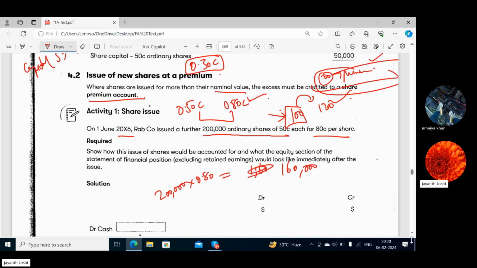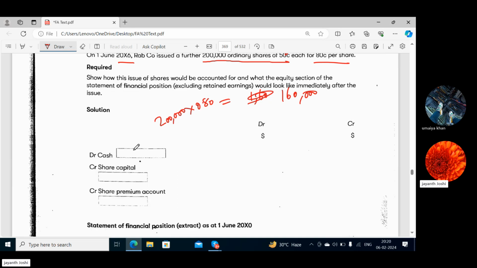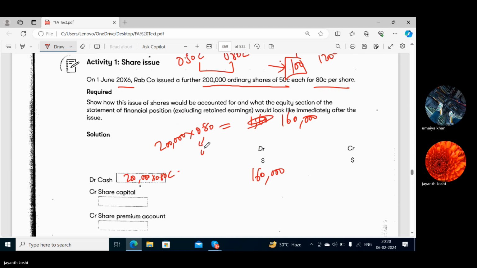So we will write debit 160,000 in the cash account. The breakup of this 80 cents is 50 cents and 30 cents. This is the premium, and this is the share capital.